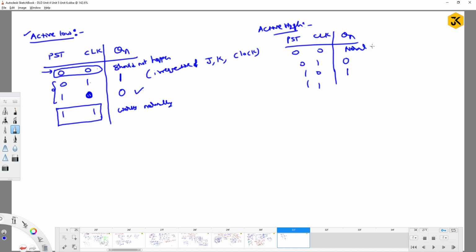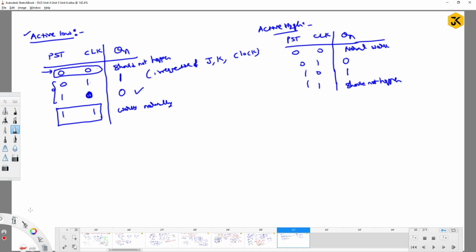See, no need to explain this again and again, right? You know the meanings of it. When it is 1 1, this should not happen, right? So if you remember this, we can simply define how the JK flip-flop is going to work.